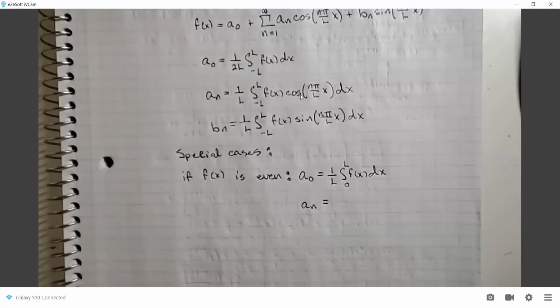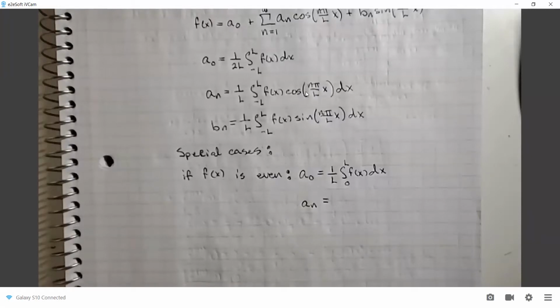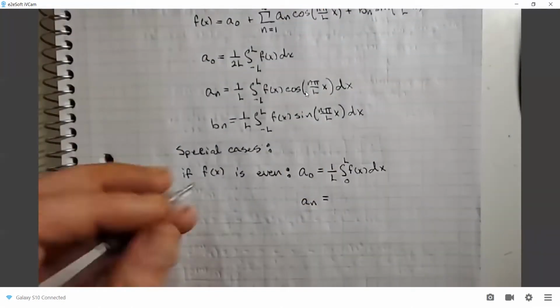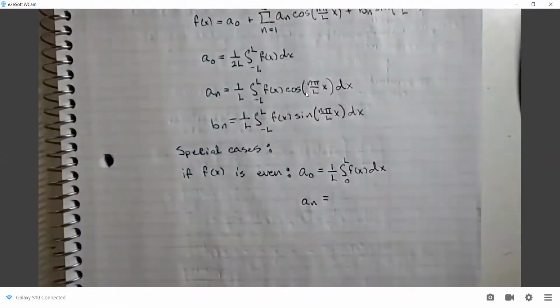Because isn't it even times even is odd? So let's see how that works. The way I like to think about it is, x squared is an even function, right? If you have x to an even power, that's an even function, and if you have x to an odd power, that's an odd function. So x squared is even, x cubed is odd.